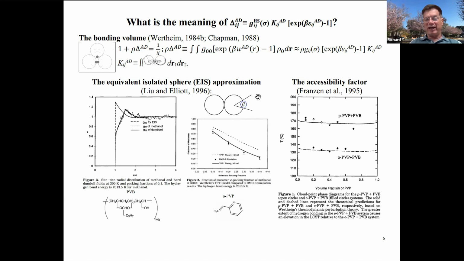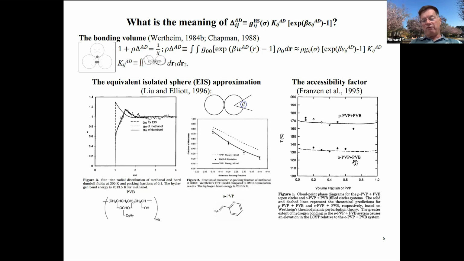And to demonstrate that, I did some experiments to show that if you were to mix ortho polyvinyl pyridine, where the nitrogen's close to the vinyl group, with polyvinyl butyral, which has a funny name for what it actually is, then you can actually see a difference in the phase behavior.